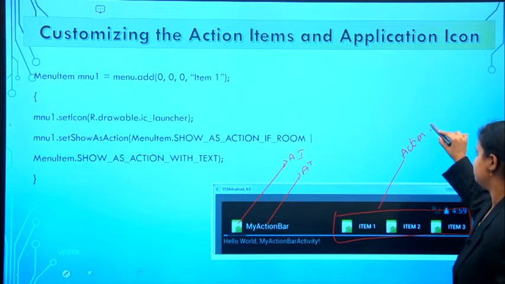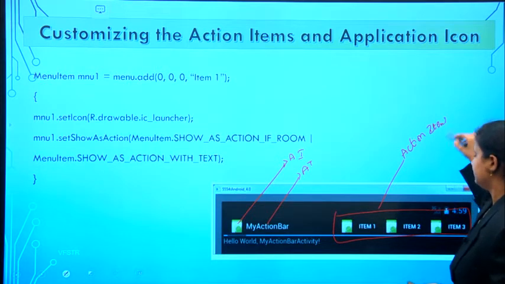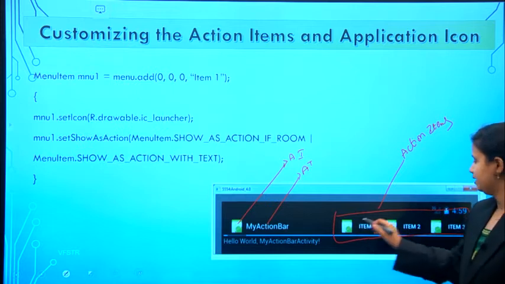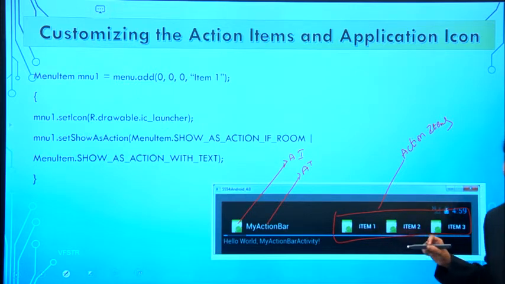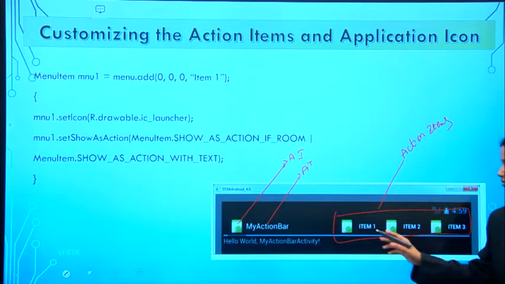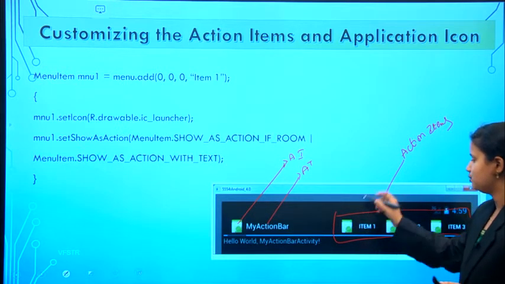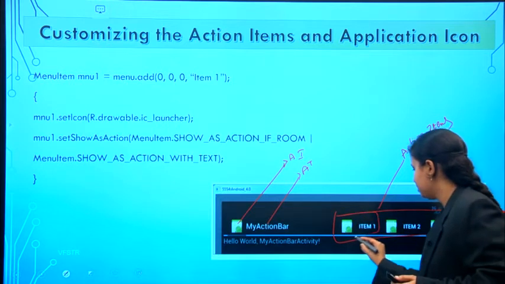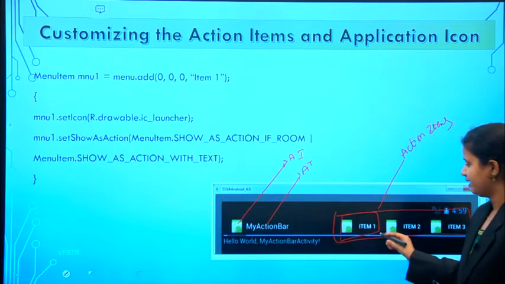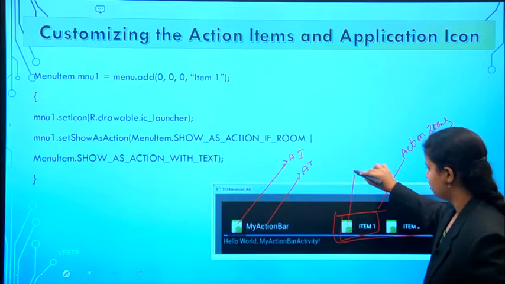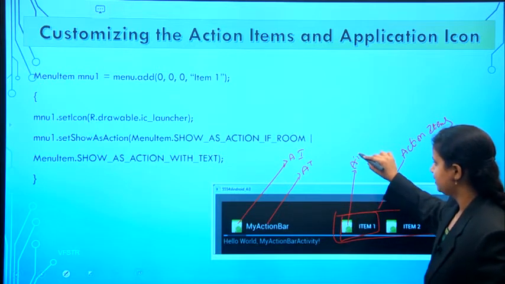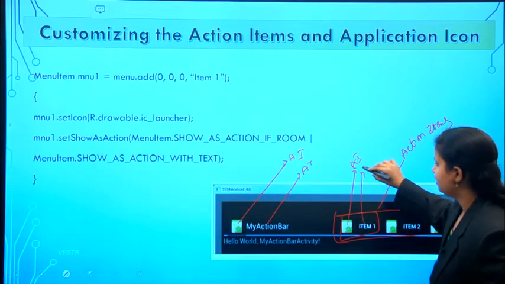Here there are item 1, item 2, item 3, so totally three different items appear. First observe item number 1. Item 1 consists of the application icon and the name of that item.